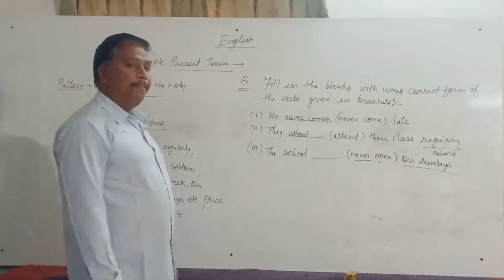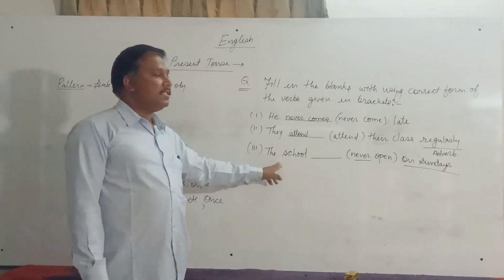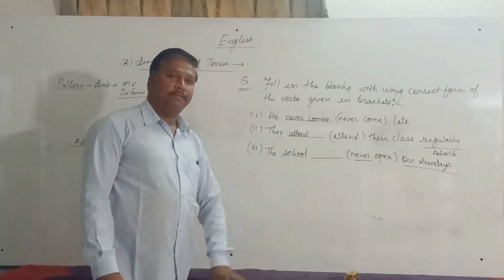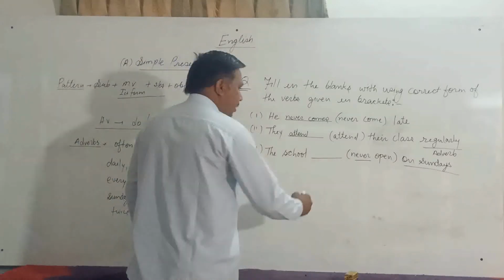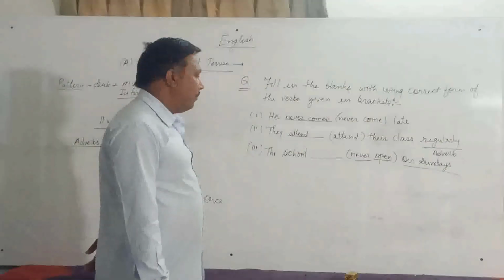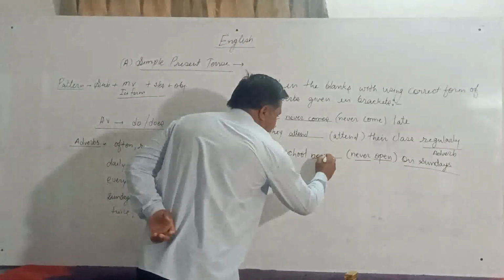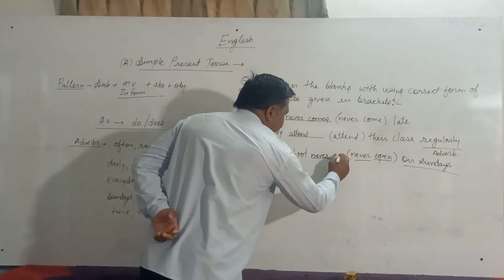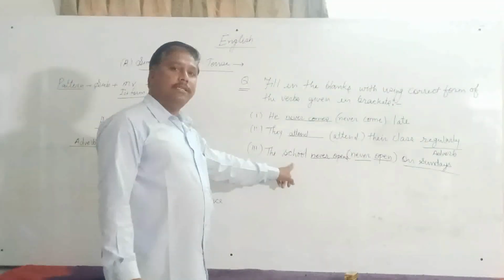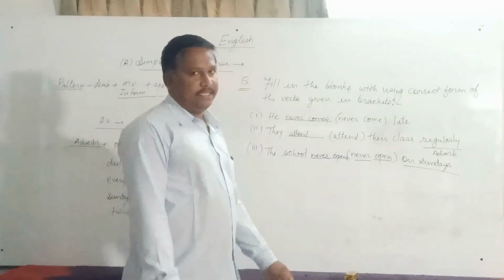So we will apply here the pattern of the simple present tense sentence. This is our subject. After the subject, we have to apply the main verb in first form, which will appear here with this adverb. So never opens. S or es will come here as our subject is singular. The school never opens on Sundays.